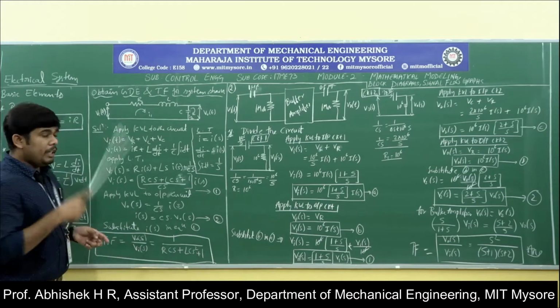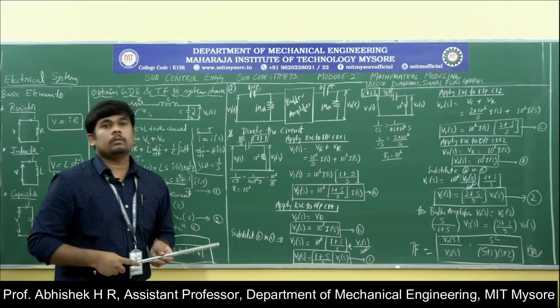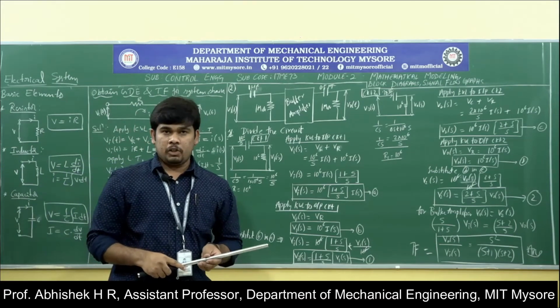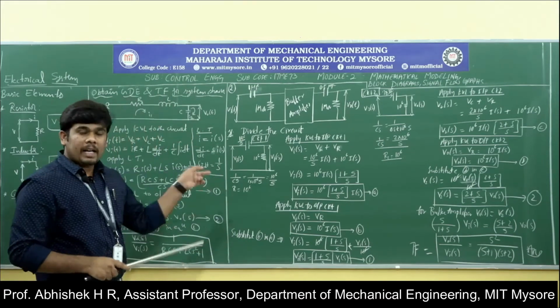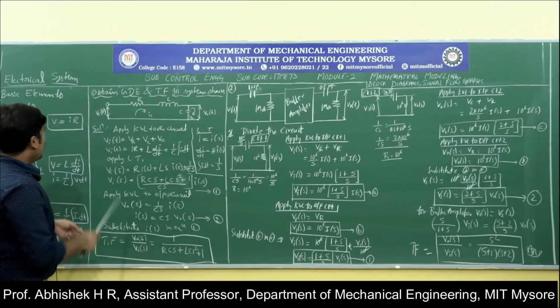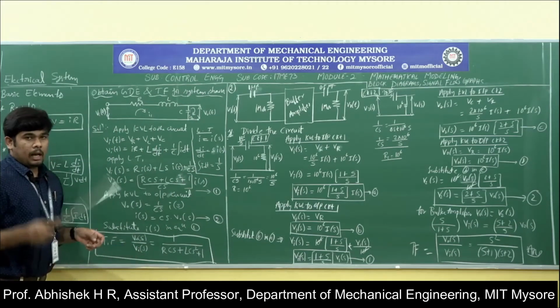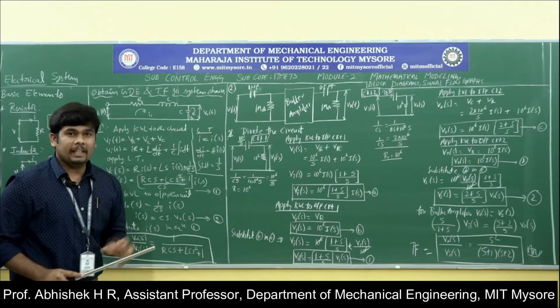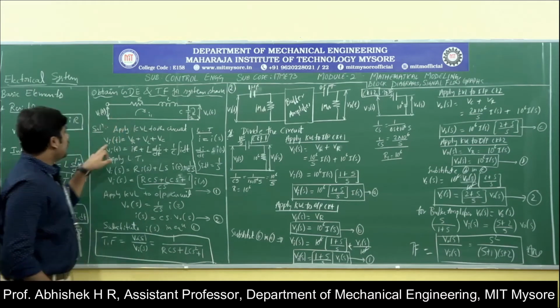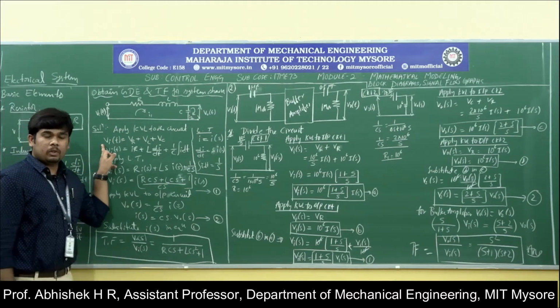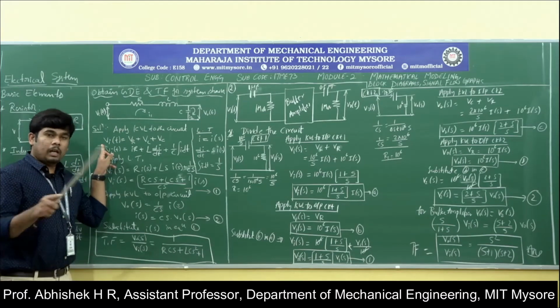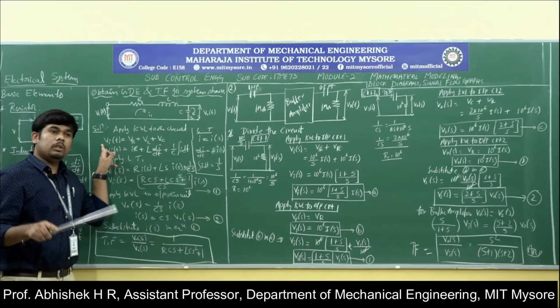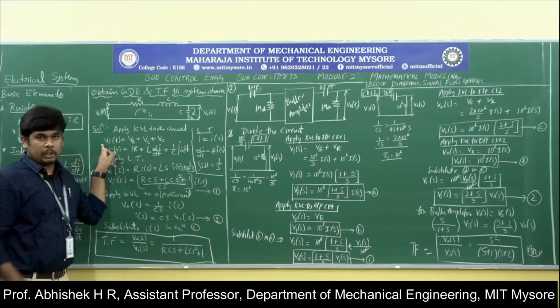For this we need to generate a governing differential equation as well as the transfer function. As I already told, I am going to apply Kirchhoff's voltage law. As per Kirchhoff's voltage law, the voltage across the circuit is equal to the sum of the voltages of the individual elements in the circuit.